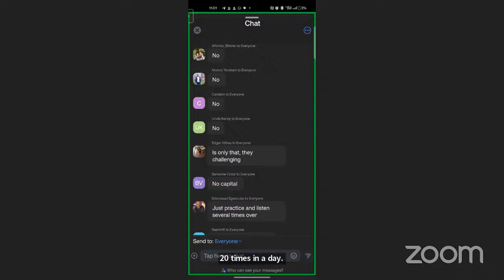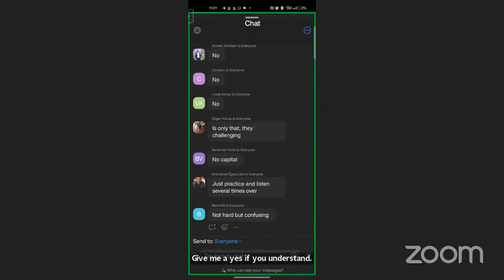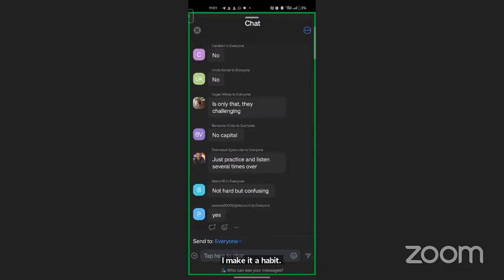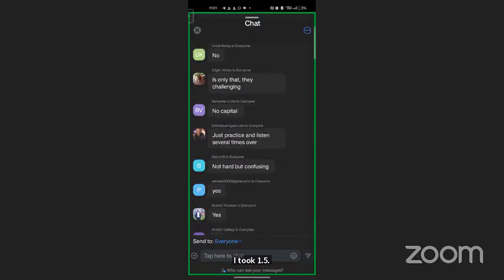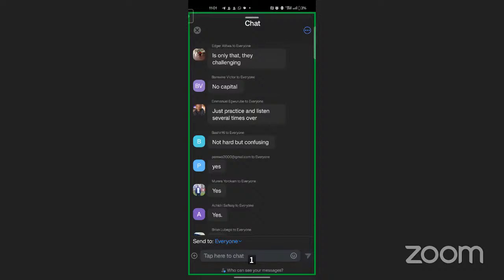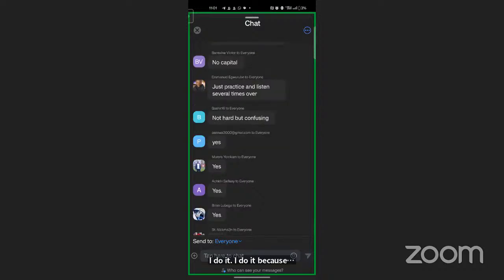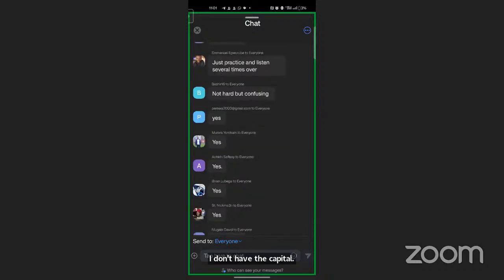Give me a yes if you understand. I make it a habit. I take 1.5 100 days a day in it. I do it because I don't have the capital, but I need to have the time to look for trades myself.